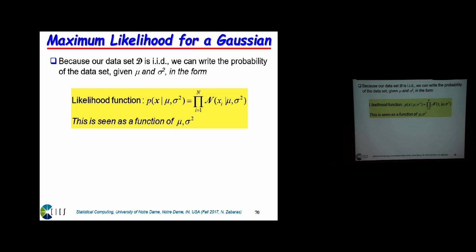Attention now. You notice in the definition, the samples come from this distribution, but I call this a likelihood function, and I imply that it's a function of what? So when I write the likelihood function like that, I imply a function of what?